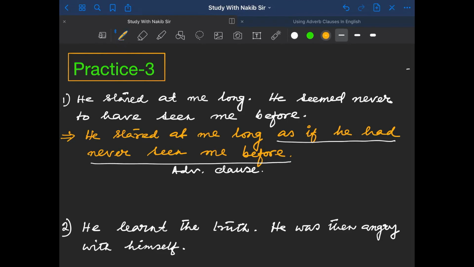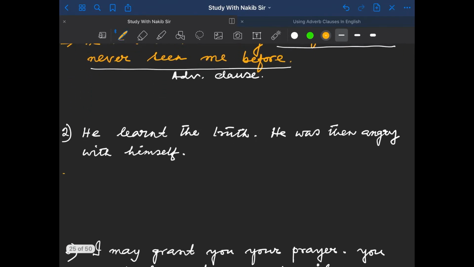Okay. Now next question. What is this? He learnt the truth. He was then means when. So start with this, the first sentence. He was then angry with himself.